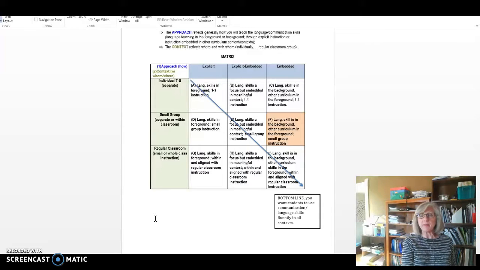They also talk about scripts, scenarios, and role-playing. Those are kind of all a similar thing. But it is setting it up so that you can actually model and participate in the kind of conversation and the kinds of skills you want your student to engage in.